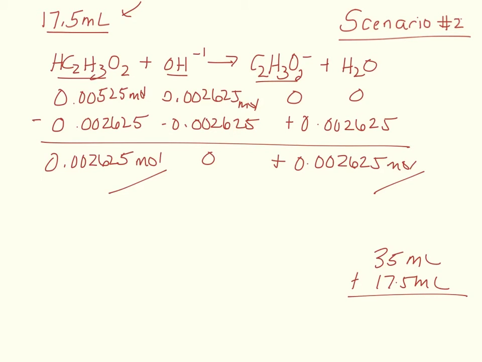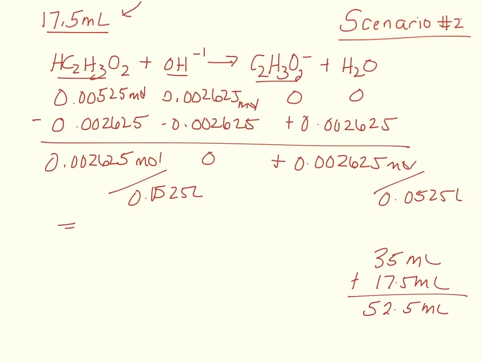So that gives you a total of 52.5 milliliters, or 0.0525 liters. I'll divide each of these mole values by that volume, 0.0525 liters, and that gives me a molarity of my acid and a molarity of my base.